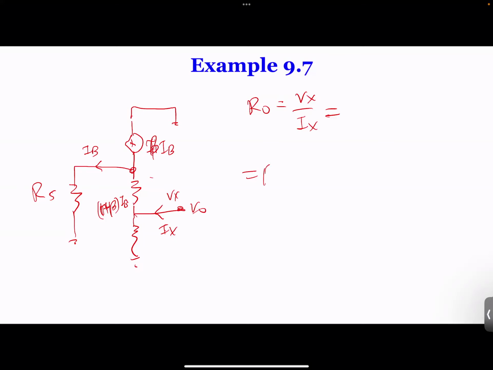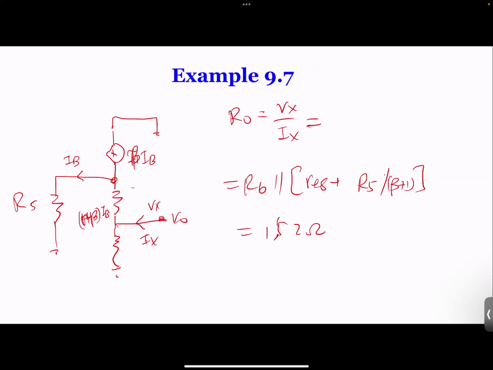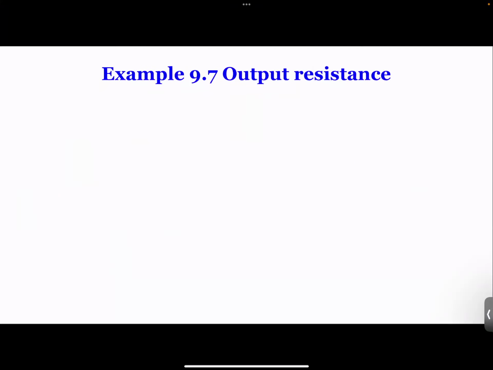It's R6 in parallel with RE8 plus R5 divided by beta plus 1. And RE8 we already calculated, this is 152 ohms. So the common emitter amplifier has very small output resistance and very big input resistance. And this is what we get for the common emitter.